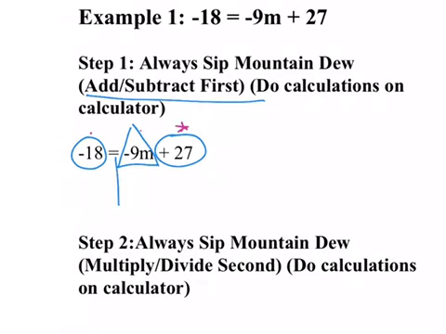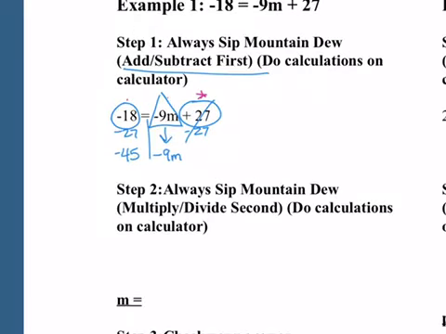So add or subtract, the opposite operation of what's going on in there would be subtract. Since it's plus 27, to get rid of it, subtract 27. So -18 minus 27 gives me -45. And I want to bring down this -9m because that's going to be my step 2.